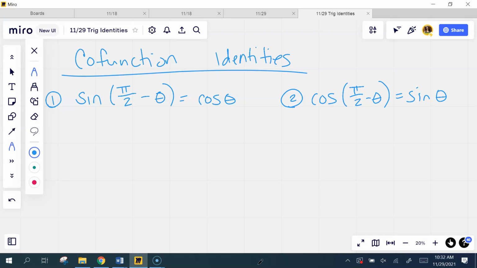We're going to stick in radians since pi over 2 is already in there in radians. So those are easy. Then we have the tangent of pi over 2 minus theta, and it's actually going to equal the cotangent, so it's the reciprocal.